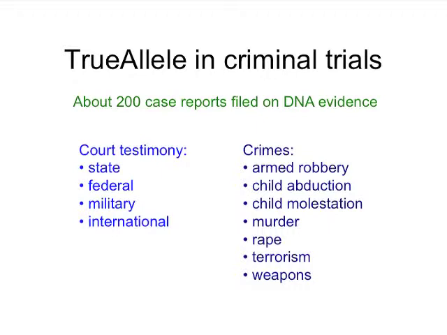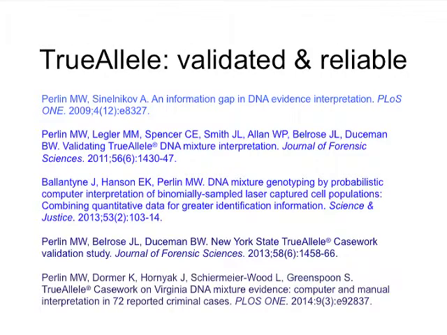Most of the crimes are murders and rapes, as well as terrorism cases and weapons charges. TrueAllele is a highly validated system. There have been over 20 validation studies, most done with laboratories that are crime labs that are bringing the system on board, including the 3 laboratories, two in the US that are now using TrueAllele in daily operation.